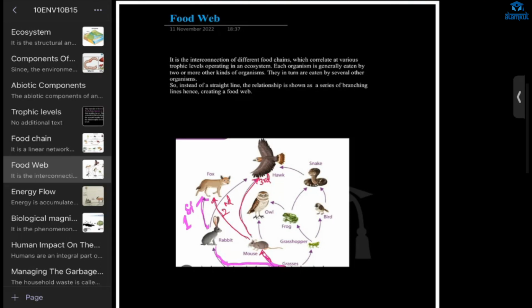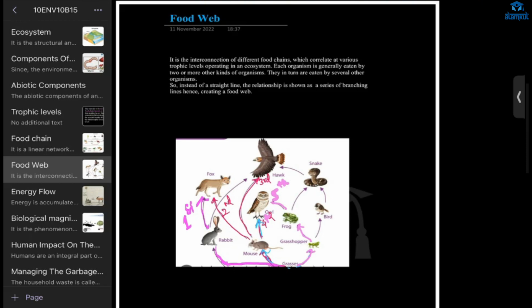Fourth food chain: grass, mouse, owl. Now fifth, we have grass, which is eaten by the grasshopper. Then the grasshopper is eaten by the frog, and the frog is eaten by the owl. This will be our fifth food chain.